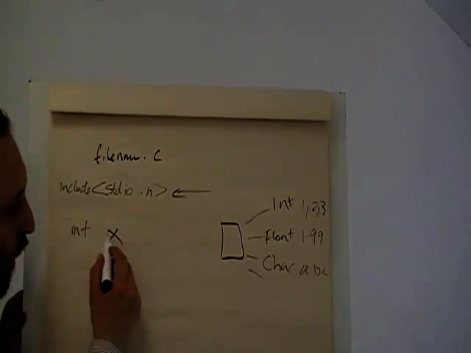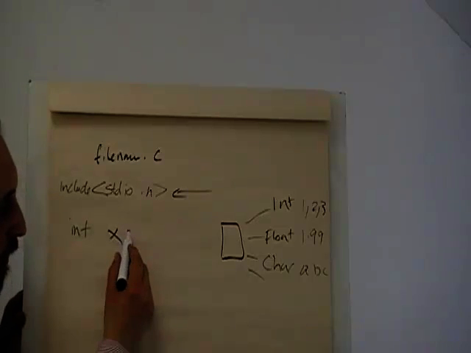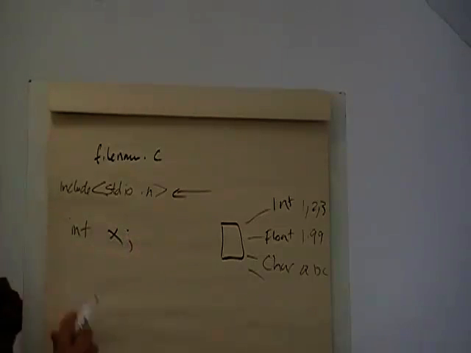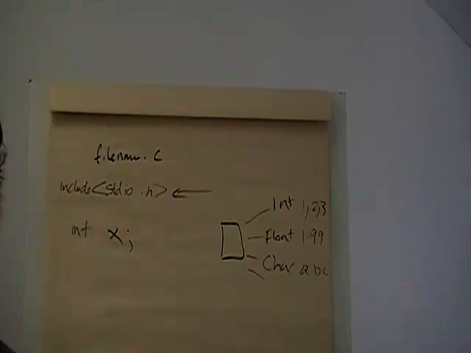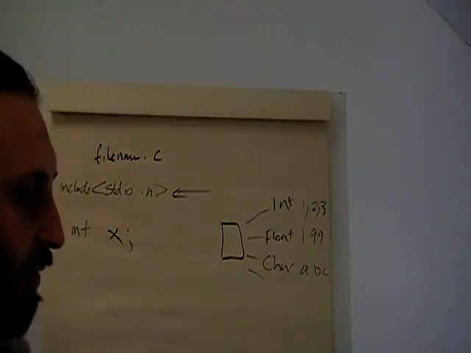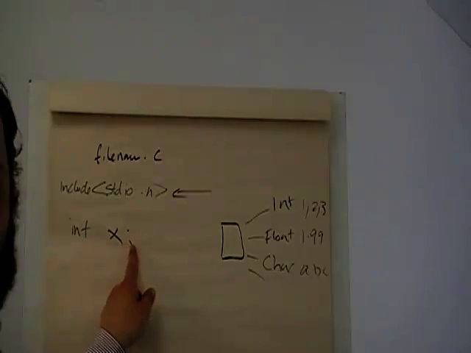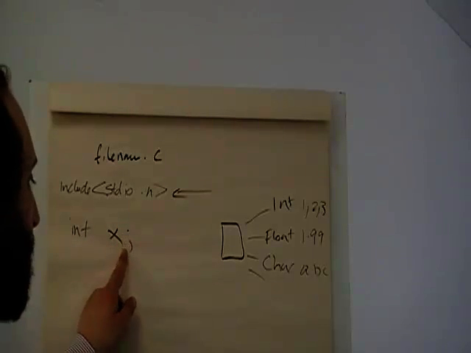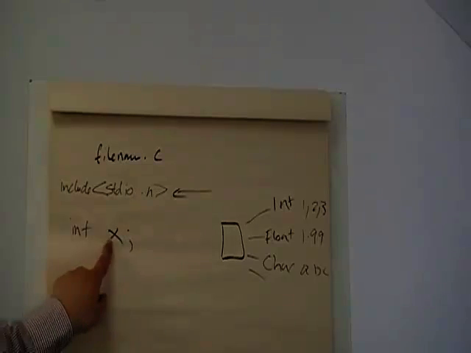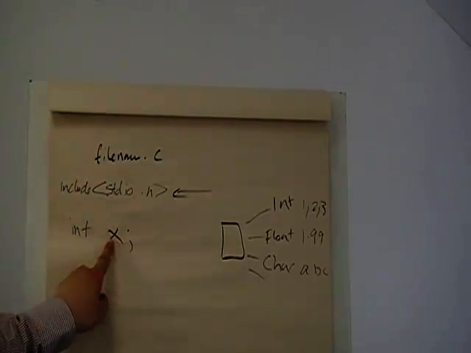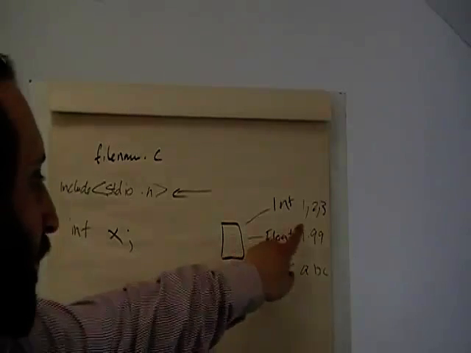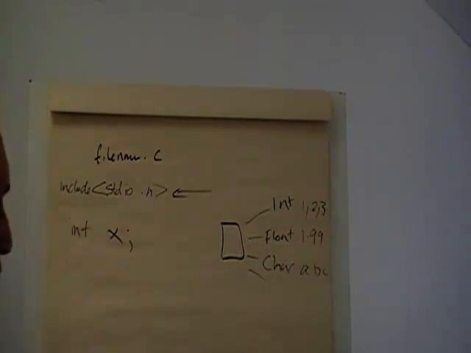To close it off, we put a semicolon. We use that semicolon in pretty much most of the languages, so you'll see that's common. Every time we finish a line, we end with a semicolon. So here we've just said that x is of type integer, so it's going to hold a whole number.